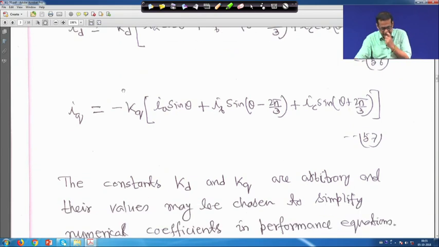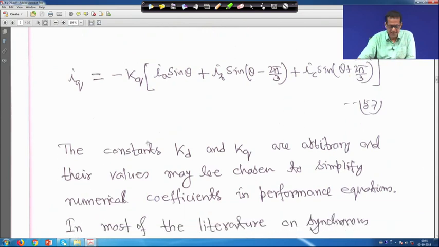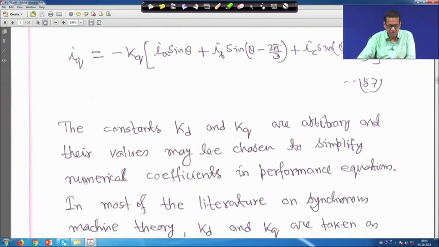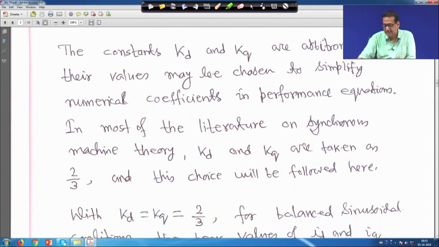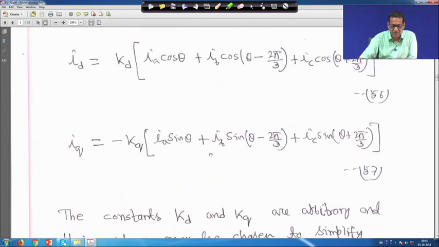Now, the constants kd and kq are arbitrary and their values may be chosen to simplify numerical coefficients in the performance equations. In most of the literature on synchronous machine theory, kd and kq are taken as 2 by 3, and this choice will be followed here. So, kd and kq will be 2 by 3.